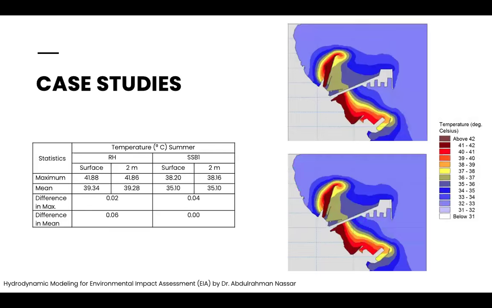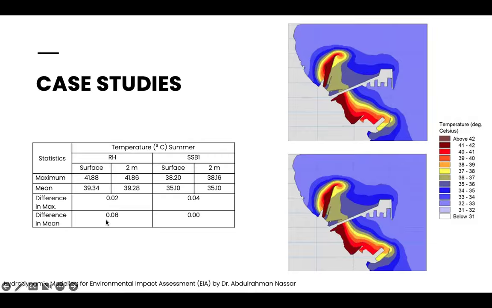Here is our result, and this is for summer. The upper map is for surface discharge, and the lower one is for -2 meter depth discharge, and we can see there is no such difference between both cases.